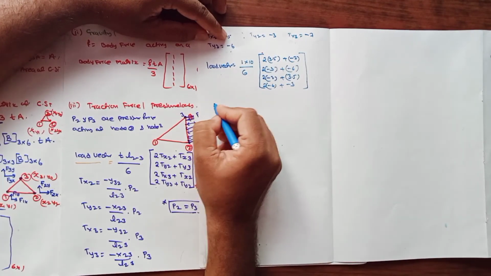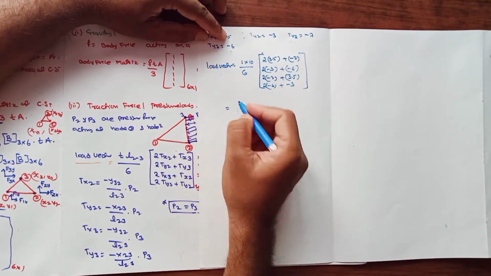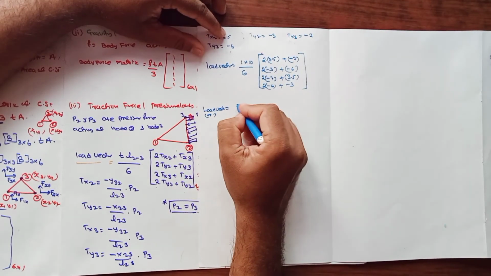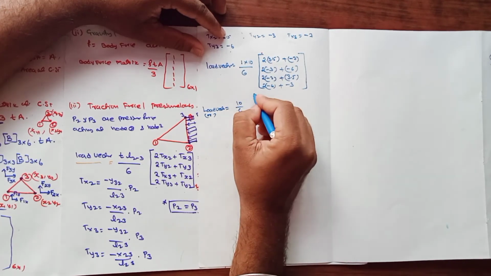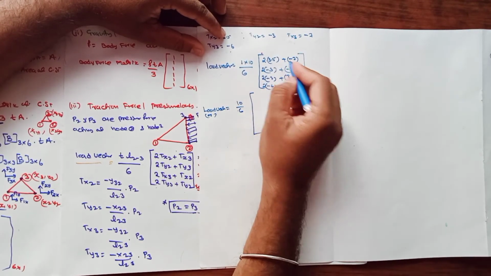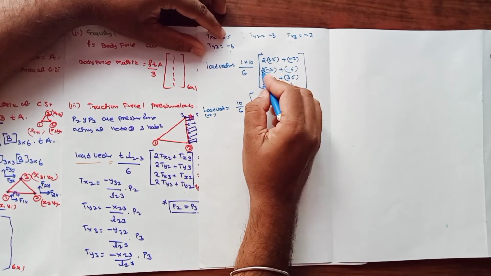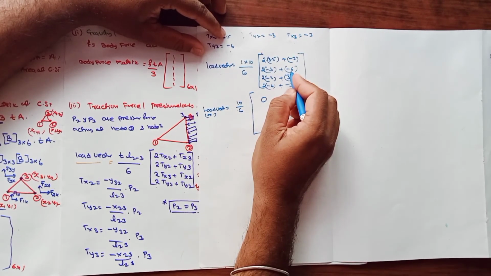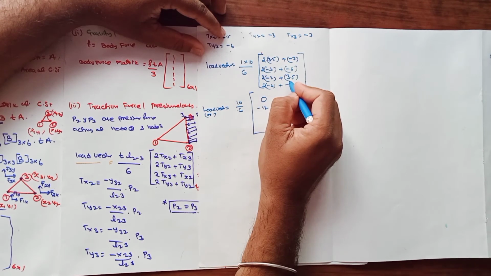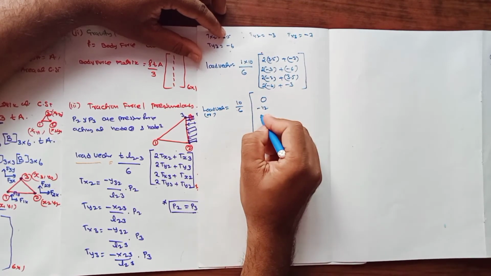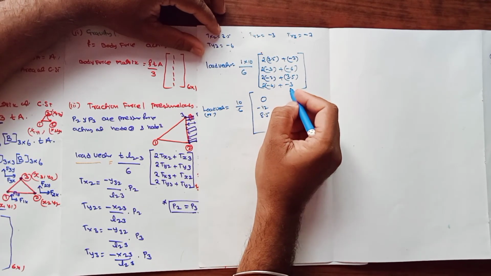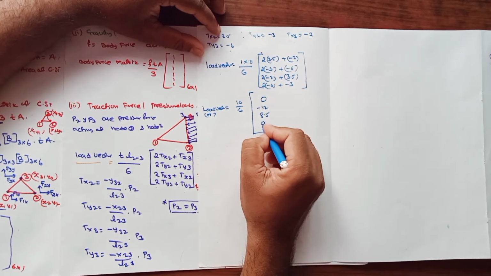So the load vector due to the pressure is equal to 1 into 10, 10 by 6, and this can be simplified. 3.5 into 2 is 7, and 7 minus 7 becomes 0. The next one is 2 times minus 6, which is minus 12, and minus 12 plus 3.5 becomes minus 8.5. Then 2 times minus 6 minus 12, minus 3, becomes minus 15.